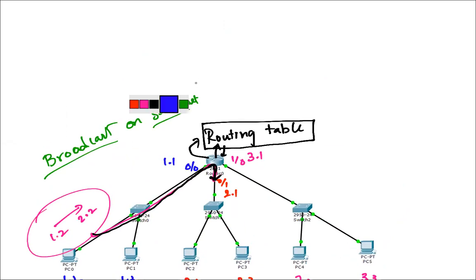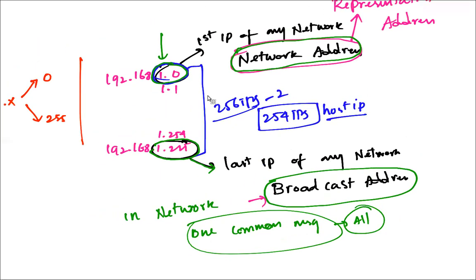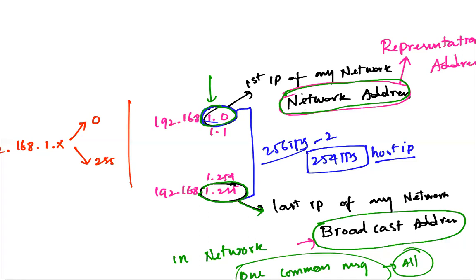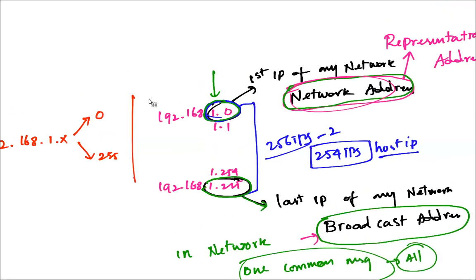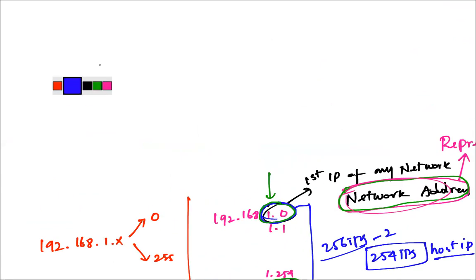Yes. One more thing before seeing the routing table: we just understood that there is something called the network address and something called the broadcast address. Now let's understand this calculus, the other format of denoting the mask. Generally the mask is written like 255.255.255.0.